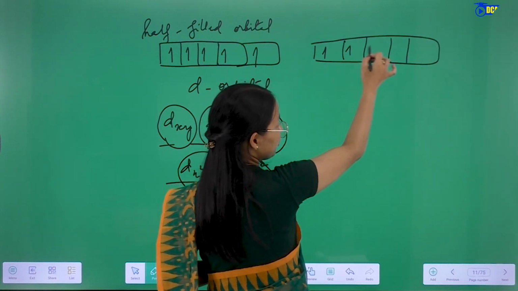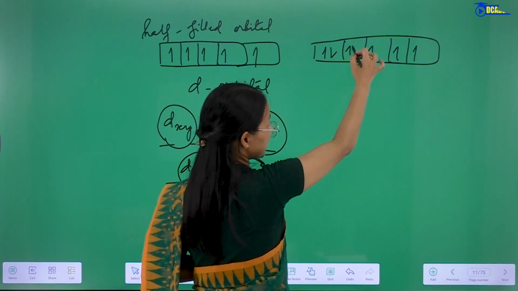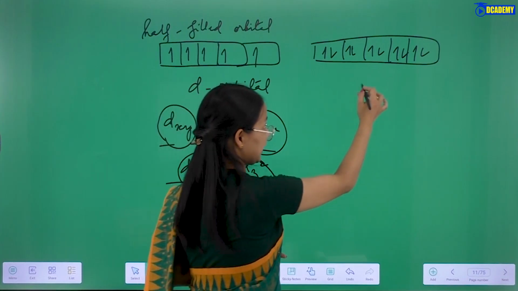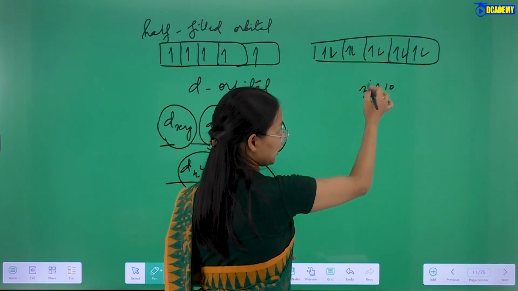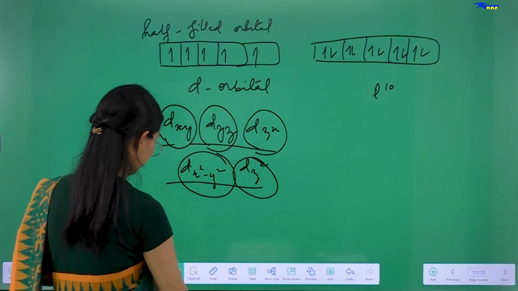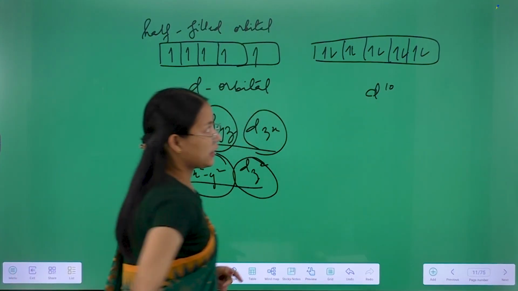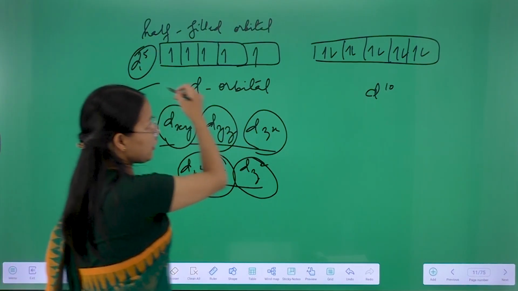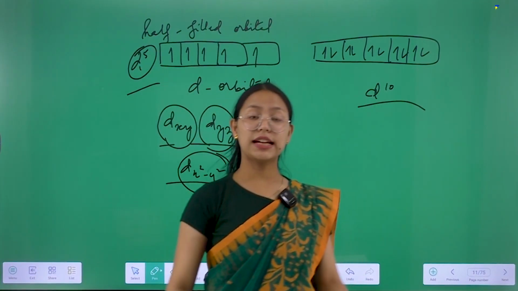Then 1, 2, 3, 4, 5, 6, 7, 8, 9, 10, that is d10. So d5 or d10 is quite stable.